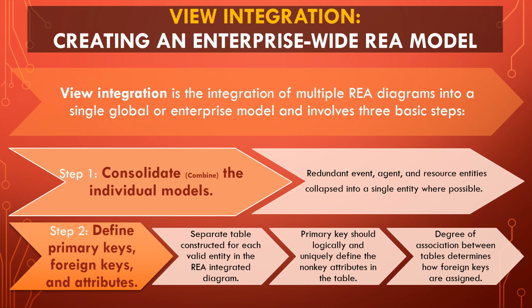So we separate the tables for each entity, and then we assign a primary key, which logically and uniquely defines the non-key attributes. It represents this table. This unique key, or main key, the primary key, is what we call the primary feature of this table.